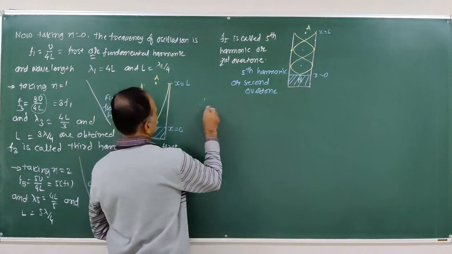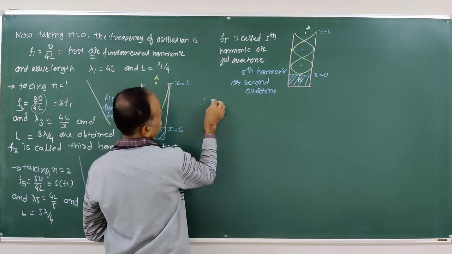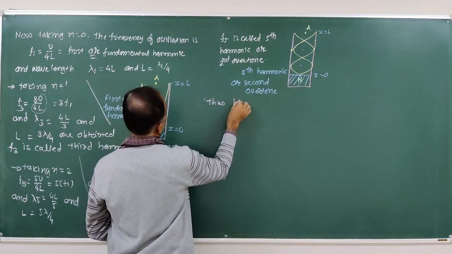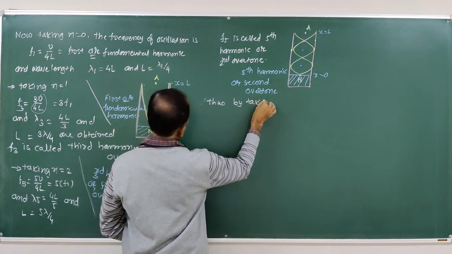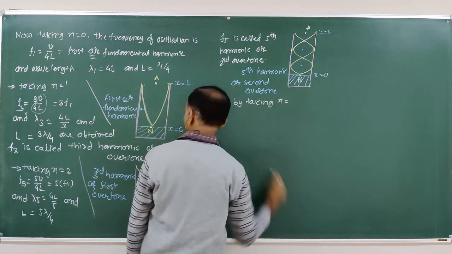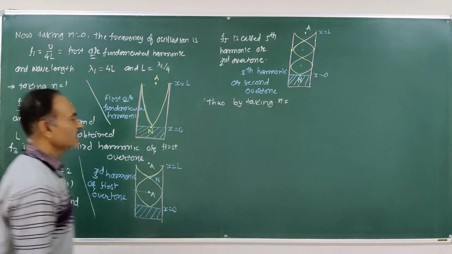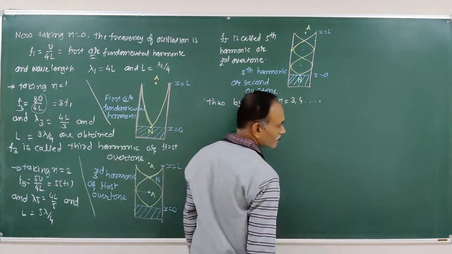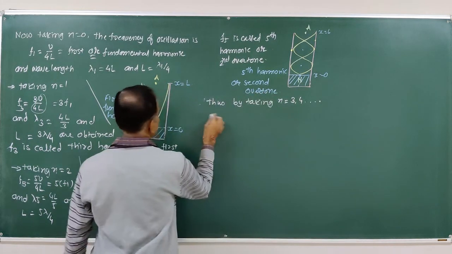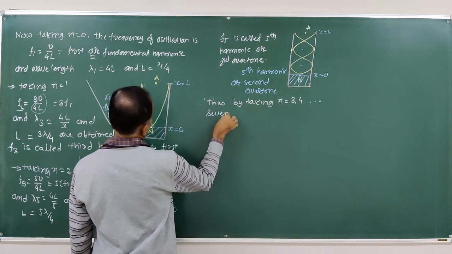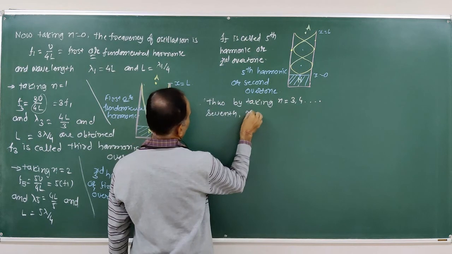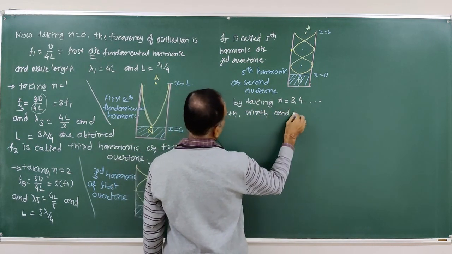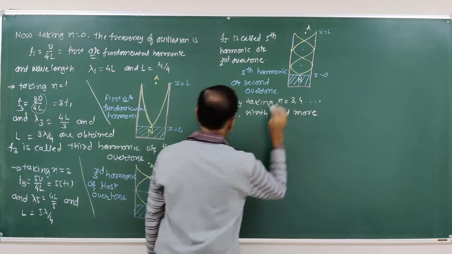Thus, by taking n is equal to 2, then we take n is equal to 3, 4 and so on. Right? The 7th, 9th and more harmonics are obtained.